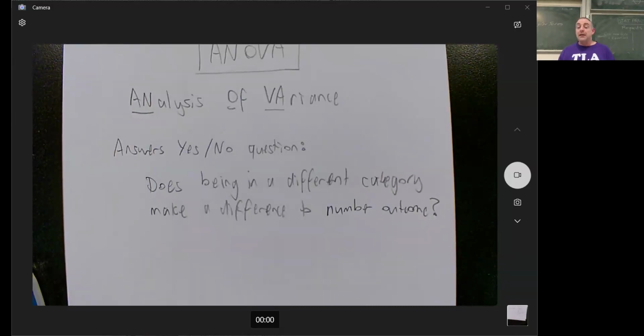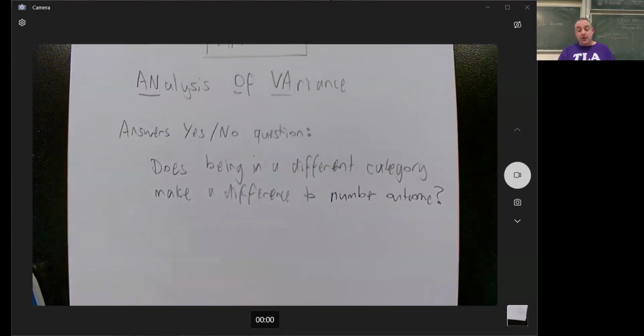The idea being that you may have several different categories, such as the type of treatment someone gets in a medical experiment, or the kind of food you give your animal, or the country they were born in, or any number of things, and some numerical measurement that you've made on all of your individuals, and you want to know whether one of those things affects the other.